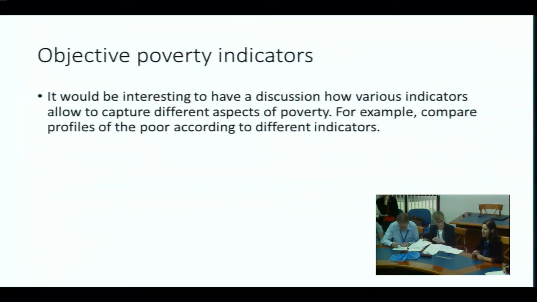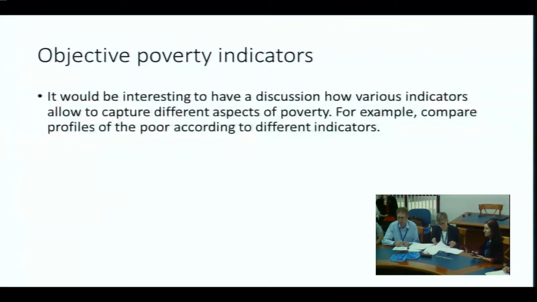As for objective poverty, this is more a descriptive part where you describe the methodologies, but even in the context of such a descriptive paper, maybe it could be discussed what different aspects of poverty are captured by different indicators.